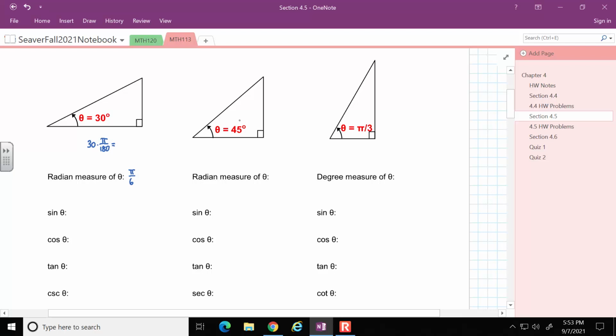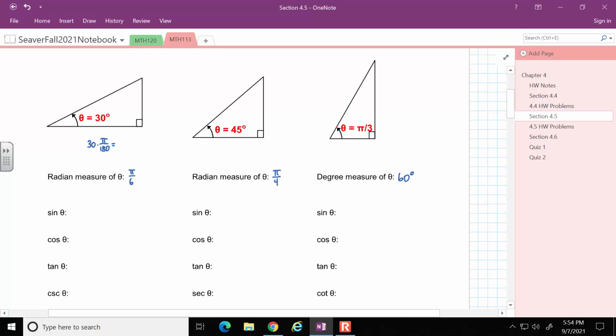For a 45-degree angle, what's that radian measure? Pi over 4. And you can go through the math and do that, but just knowing these three at least is helpful. And then theta equals pi over 3, so what's that in degrees? 60. It is a 60-degree angle.